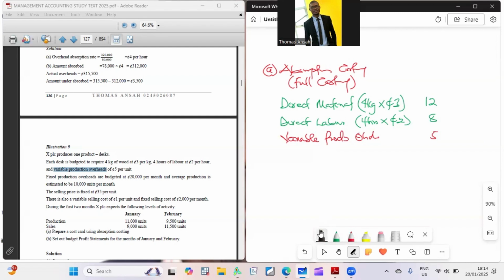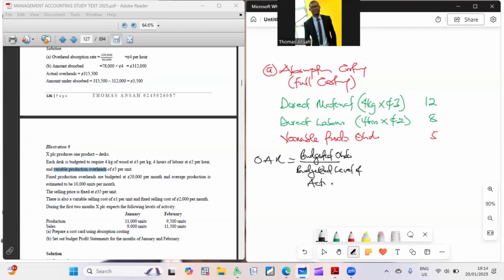We know the overhead absorption rate is given by budgeted overheads over budgeted level of activity. And in this question, the budgeted level of activity is in units, not hours.